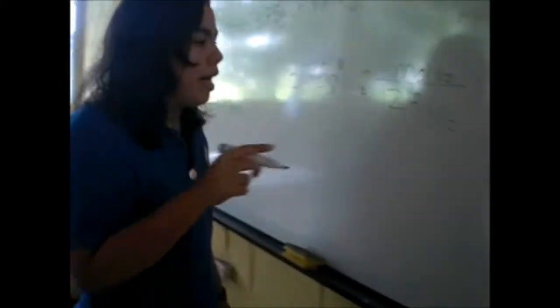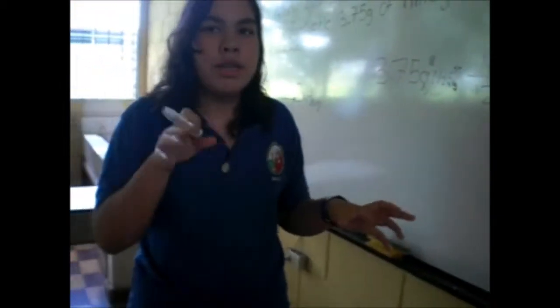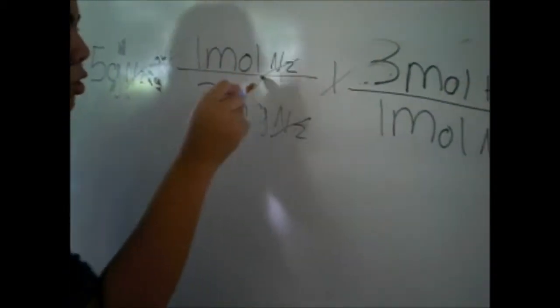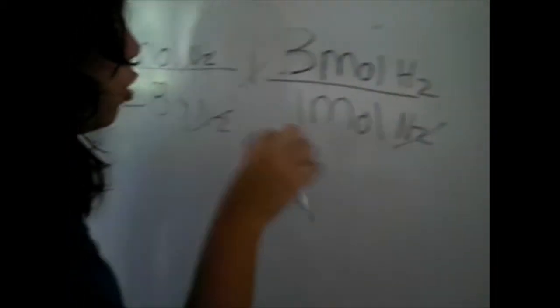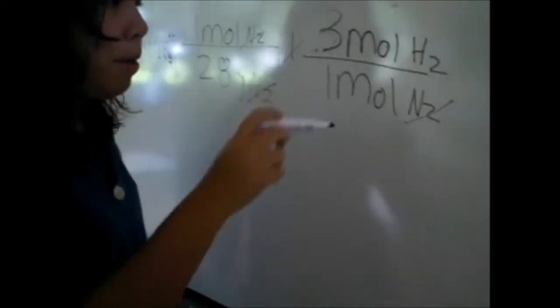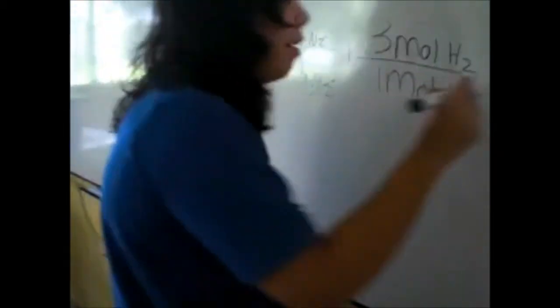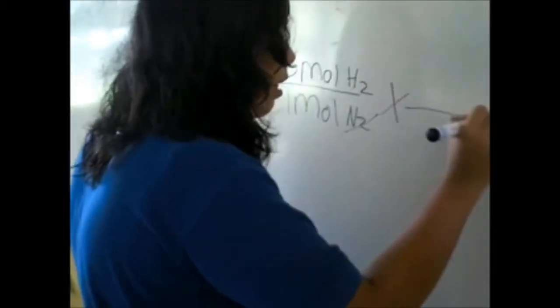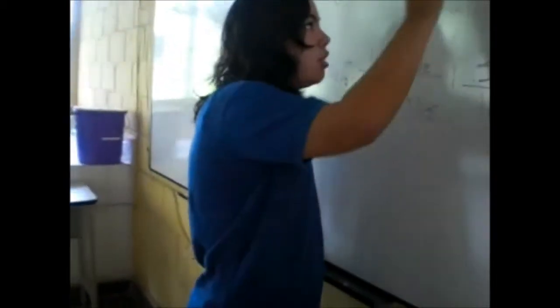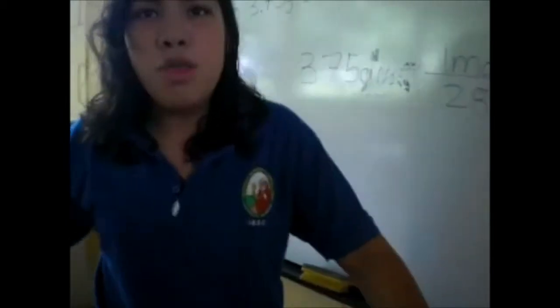In this order because when it's time to cancel everything and do it on your calculator, you need to cancel nitrogen with nitrogen. That's why we need to put the N2 over here, like dividing, right? Then we multiply. We already found the amu of nitrogen, right? Now we need to find it for hydrogen.